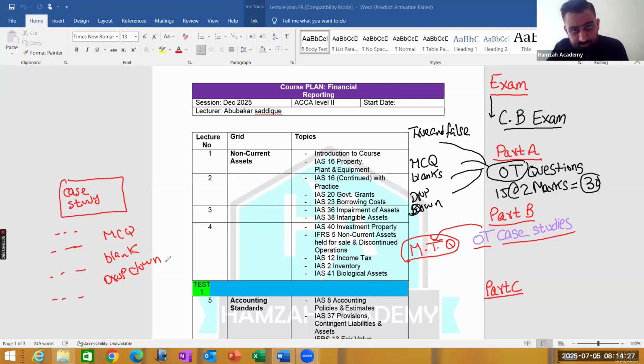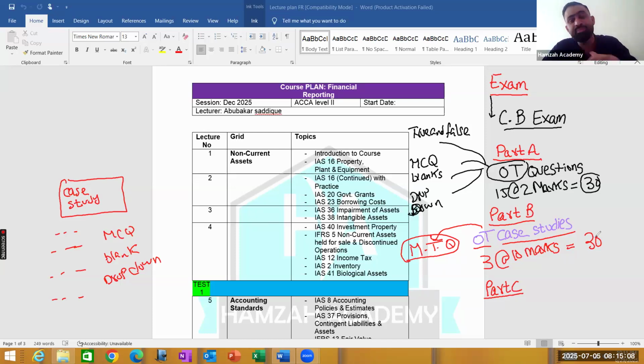A case study will be given, and on that case study, you will have 5 OT questions, and each OT question will consist of 2 marks. That means each OT case study will consist of 10 marks, and you will have 3 OT case studies, so there will be a total of 30 marks in Part B as well.